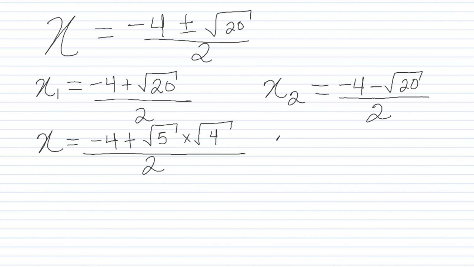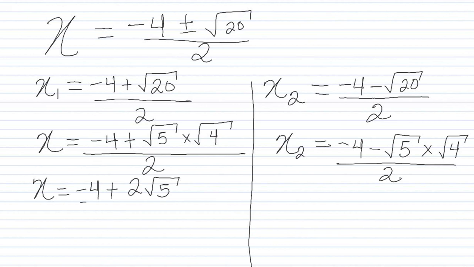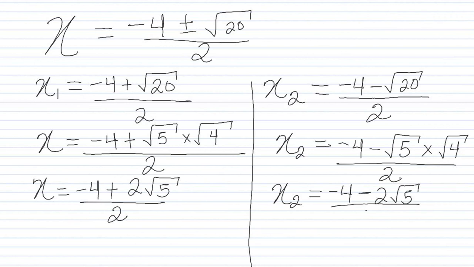So the same thing we're going to do here for x2, only that we're going to have one negative, one positive: x2 equals negative 4 minus the square root of 20, which is the same thing as the square root of 5 times the square root of 4, divided by 2. So x1 equals negative 4 plus the square root of 4, which is 2, and then you have root 5, divided by 2, and x2 equals negative 4 minus 2 root 5 divided by 2.